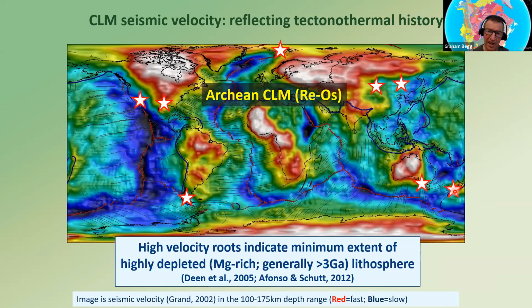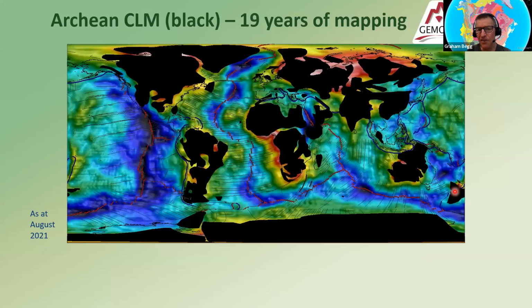So when you put all that together and systematically map it, we end up with about this much as a summary, as a minimum of the amount of Archean continental mantle.